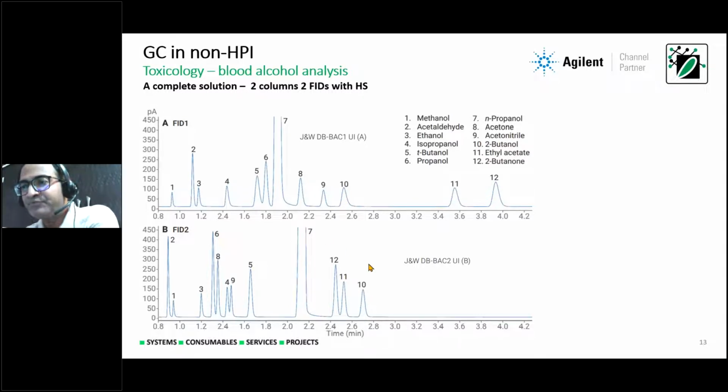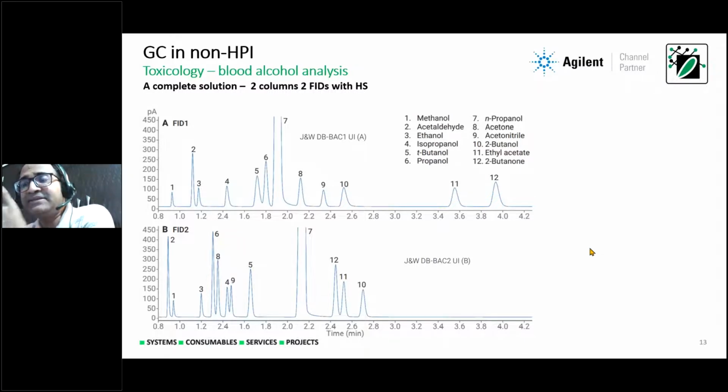But if one is looking at the baseline separation of all the peaks, a very good separation of all the compounds, probably the BAC1 is a better column because it does a much better separation of many different oxygenates. So the methanol, acetaldehyde, ethanol, isopropanol, tertiary butanol, propanol, and some other compounds. These are the typical oxygenates that one looks for in the blood when we do the blood alcohol analysis. And as you can see, two columns, two FIDs once again offer the better possibility.